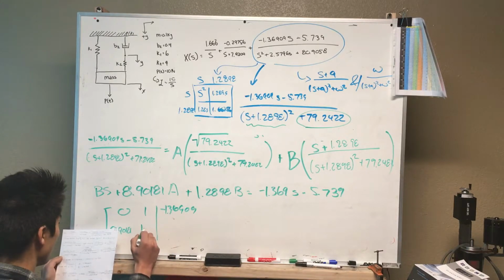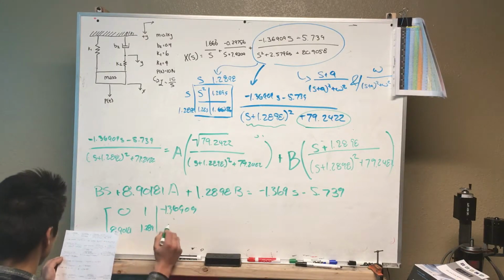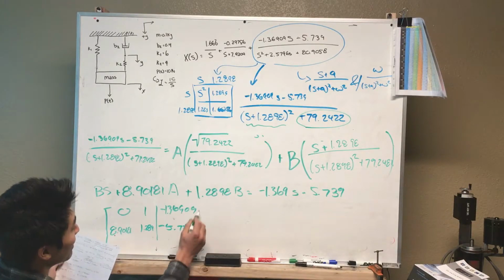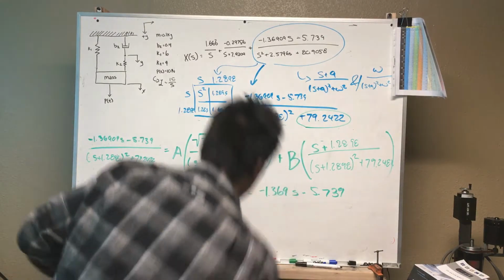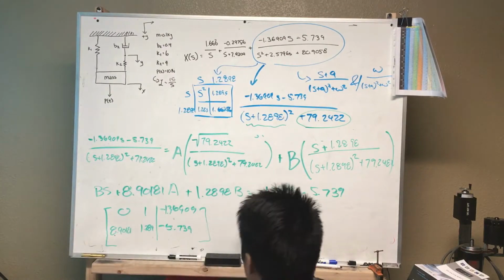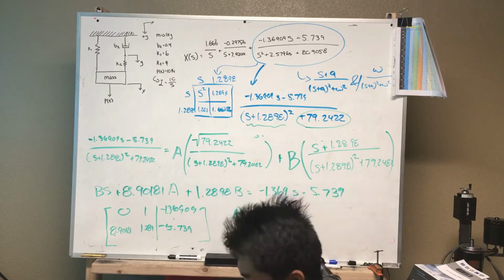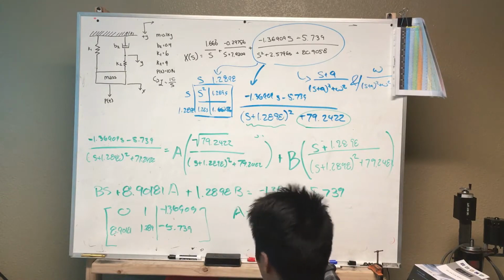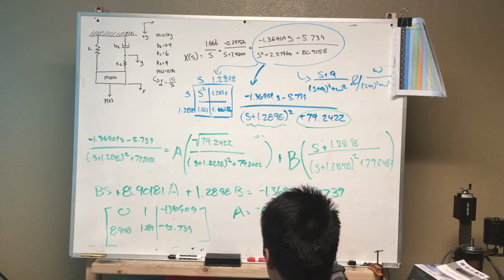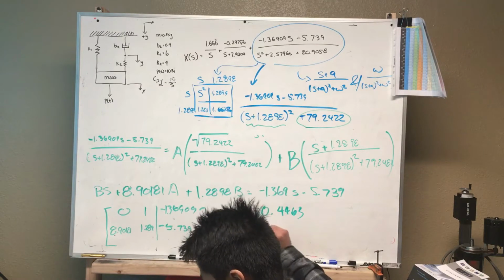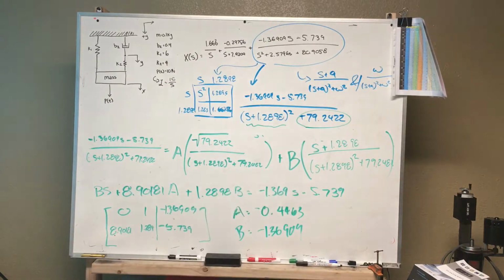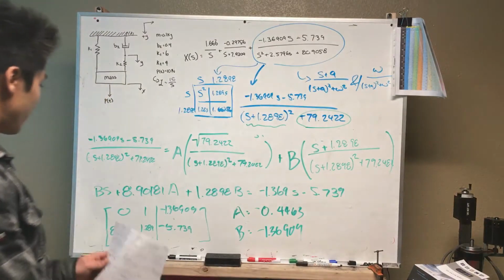We got 1.289 and negative 5.739 to get our a's and b's to be: a equals negative 0.4463 and our b to be negative 1.36909. We're almost there. It is fantastic.